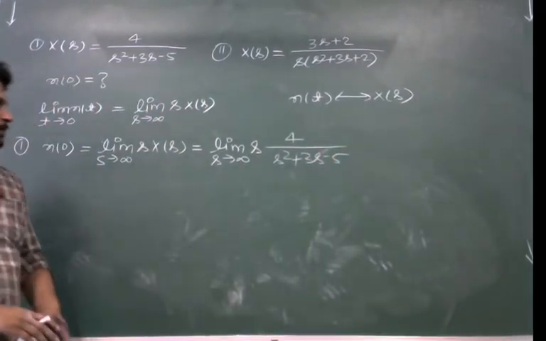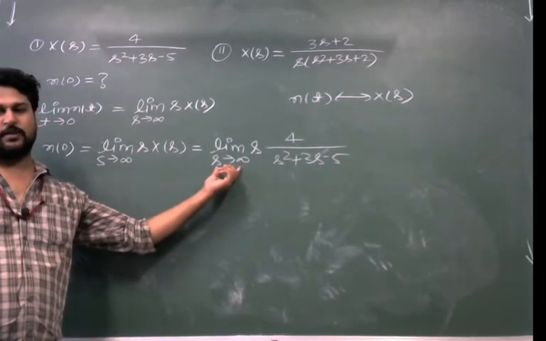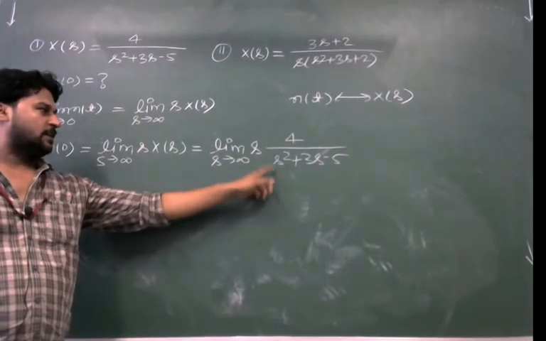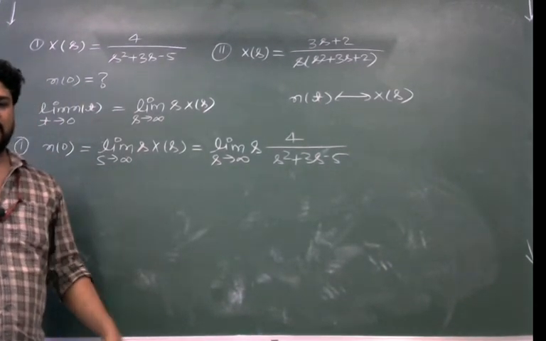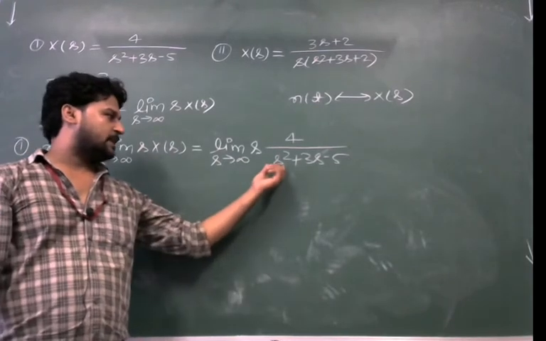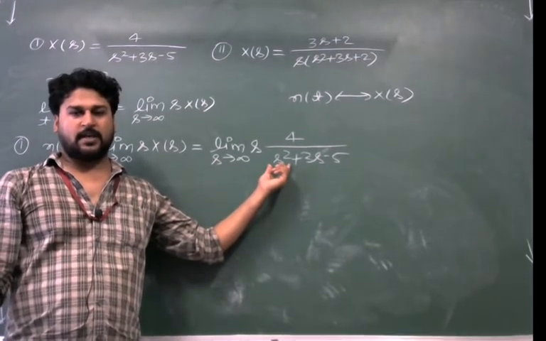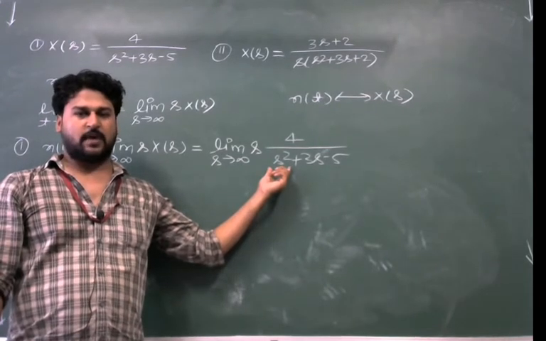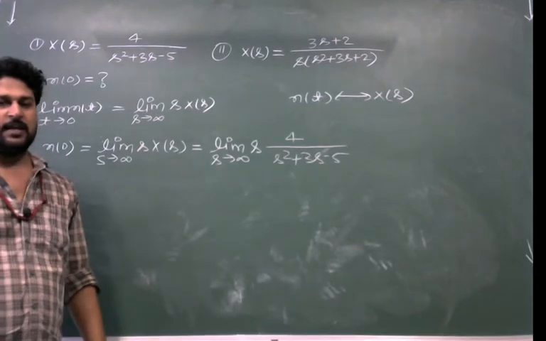To put s equal to infinity, first we have to divide numerator and denominator by the highest power of the denominator. The highest power of the denominator here is s square, so we divide numerator and denominator by s square.